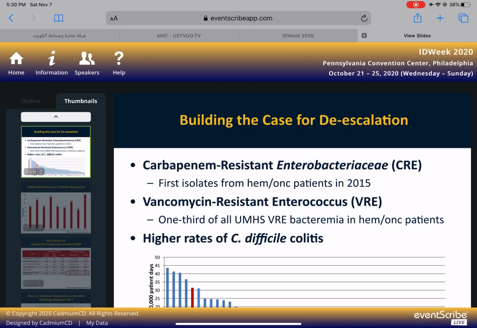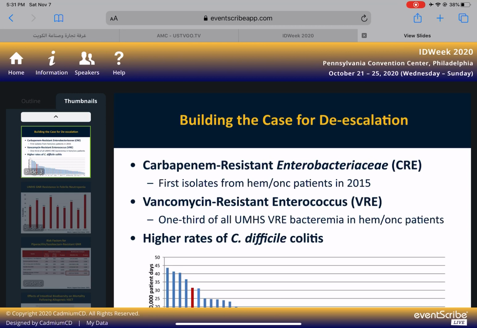And then lastly, when you look at our C. diff rates, this figure down here is all of our services at our hospital. And the bar that's highlighted red is our service that takes care of leukemic patients. And you can see out of all the services in the hospital, they're the fifth highest C. diff rate as far as cases per 10,000 patient days.